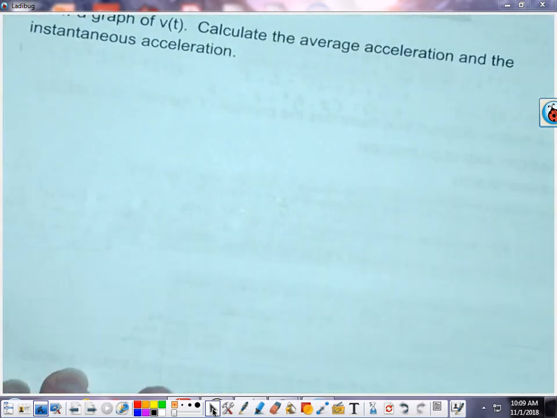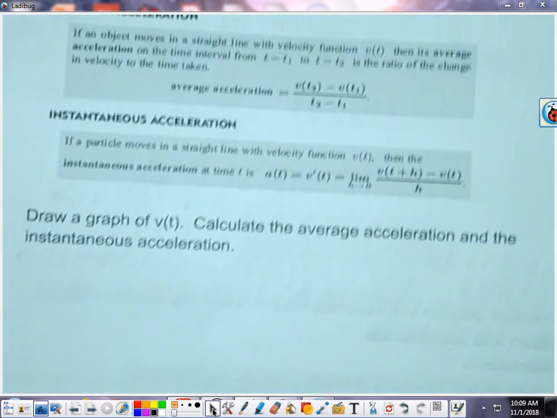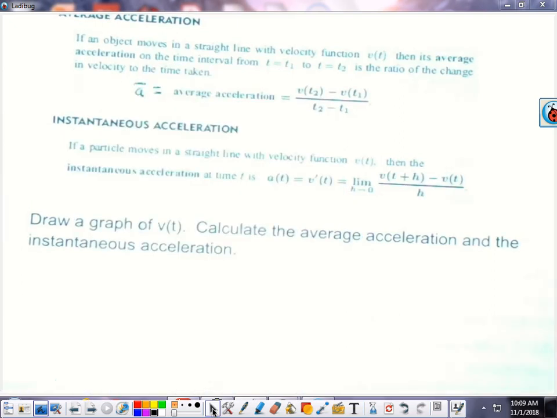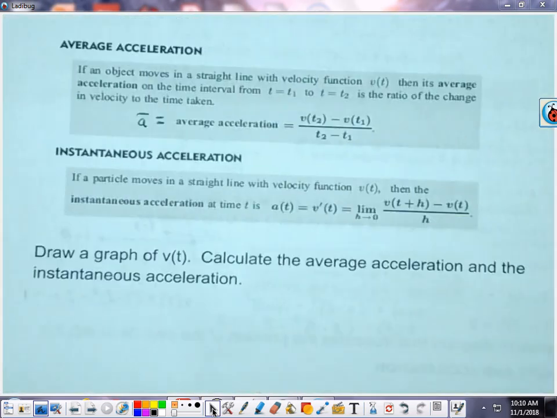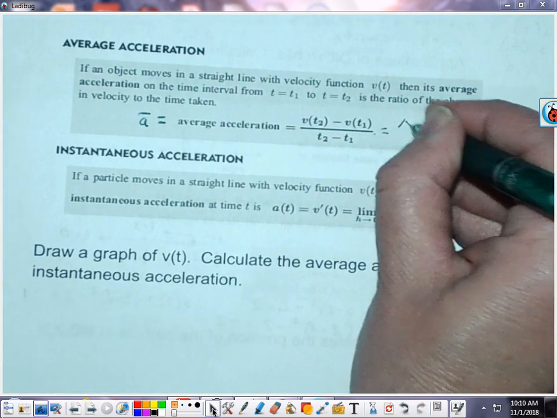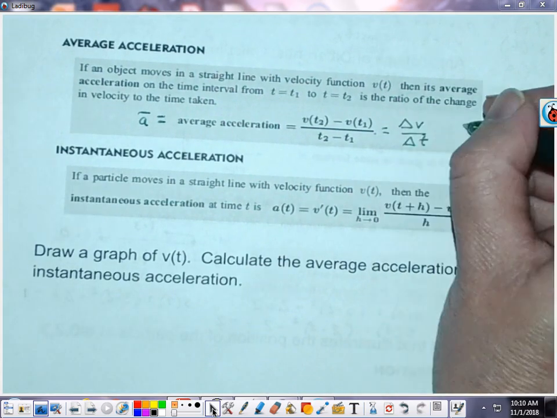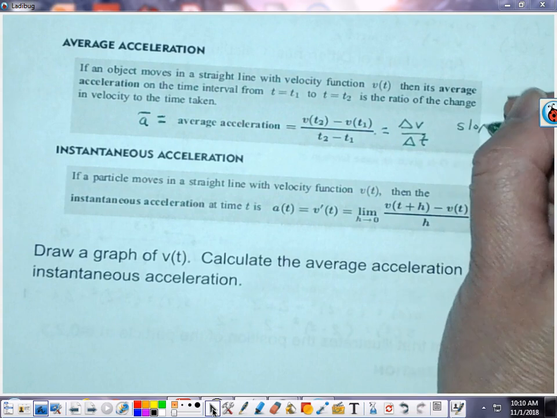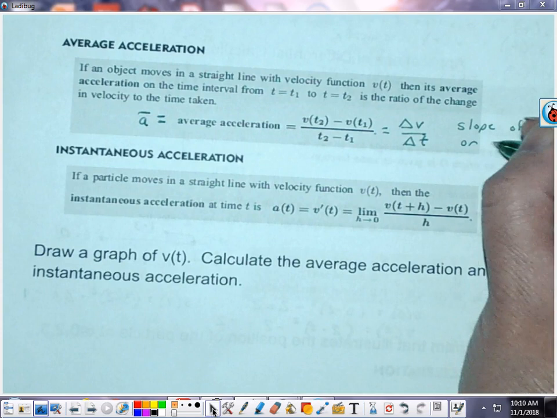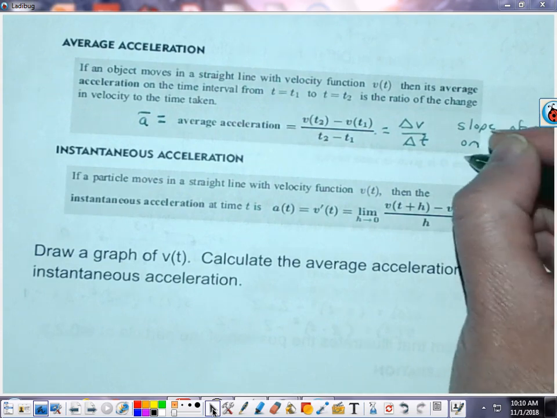Now we're basically going to do the same thing with acceleration. If you want average acceleration, which average is always indicated with the bar on top, average acceleration is basically just the change in velocity over the change in time. So this is the slope of a secant line on a velocity versus time graph.